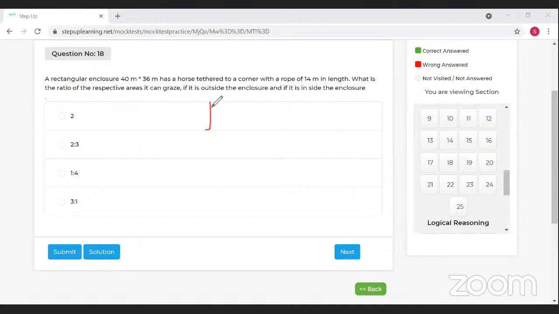So inside the enclosure, it is forming a quarter circle, right? So outside the circle, it will be 3 parts. So 1, 2, 3, and inside the circle, it is 1 part. So hence the answer is 3:1. Just read the question and understand.